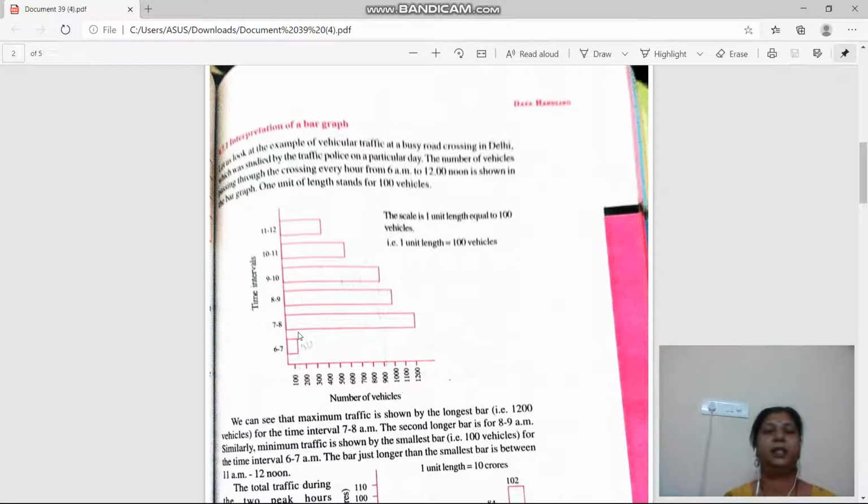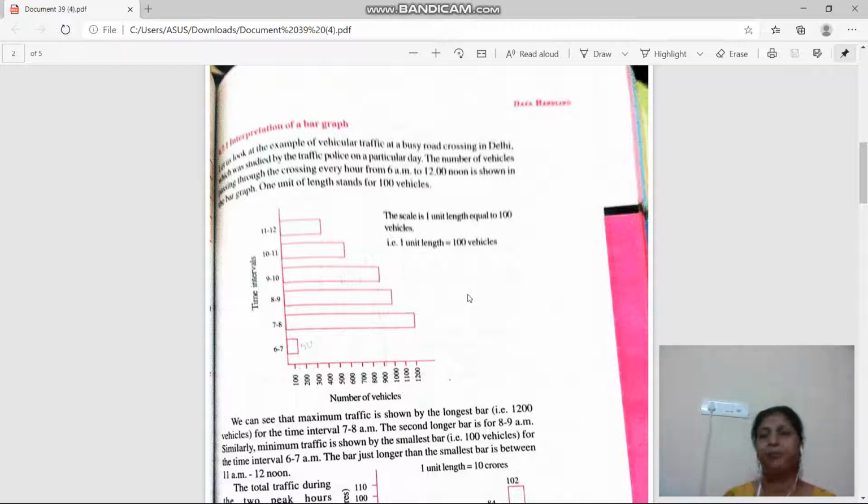Okay, the length of each bar represents the number of vehicles passed during the given time. By observation we can understand at what time how many vehicles passed, when the maximum number of vehicles passed, when the minimum number passed. Otherwise we can take the total, then we can say from 6 to 12 this is the total number of vehicles passed.